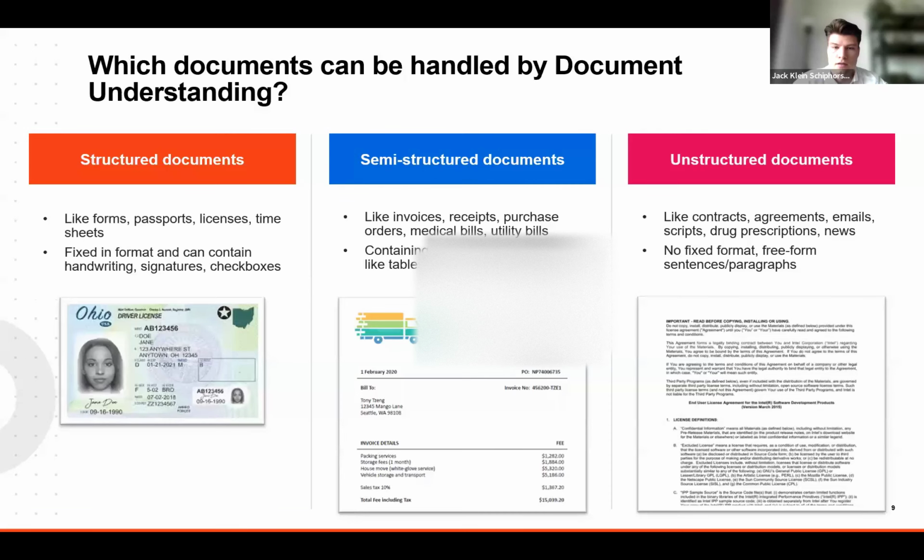types. The second type is semi-structured documents. Just like structured documents, they have a fixed set of data, but the layout can vary between the documents.